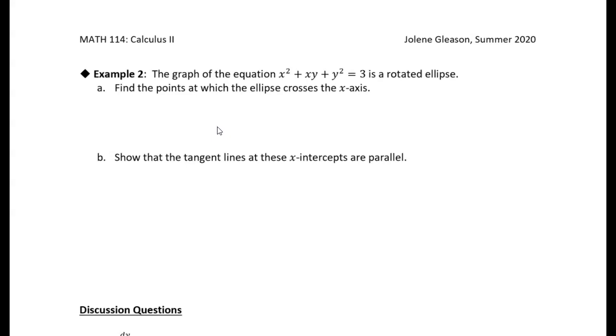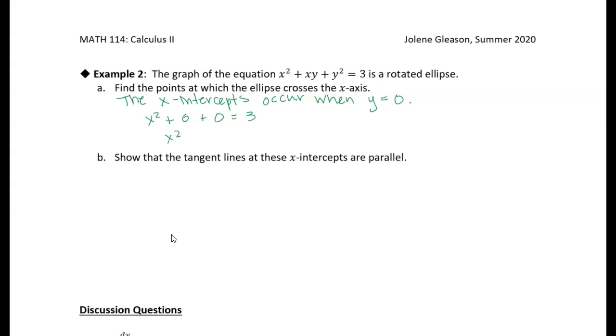That's our first problem. And so just remember that the x-intercepts occur when y equals 0. So we want to set y equals 0 and solve for x. So let's just do that. We have x squared plus x times 0, so that won't be anything, and then 0 squared, so we're just going to get a couple of zeros there, and that's equal to 3.